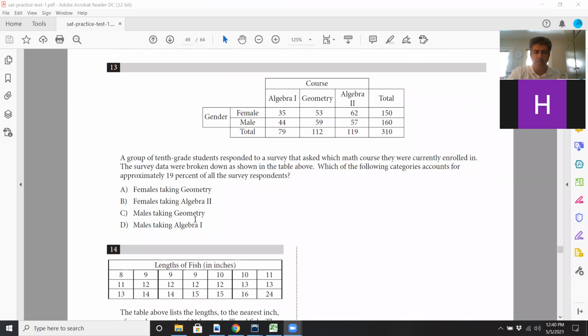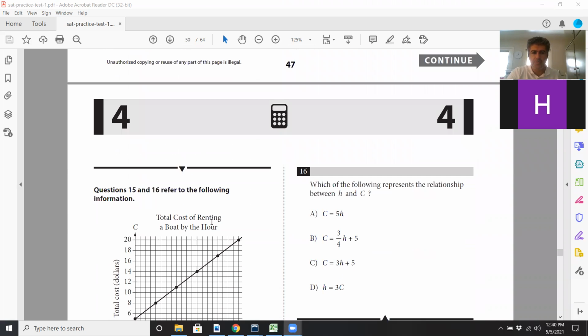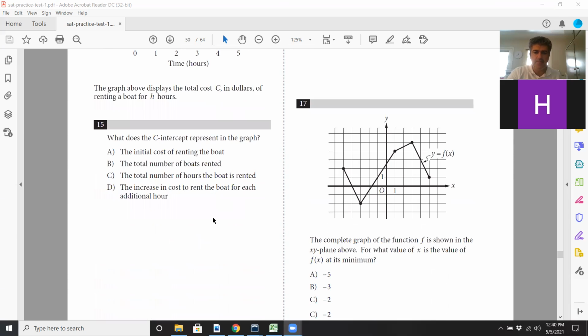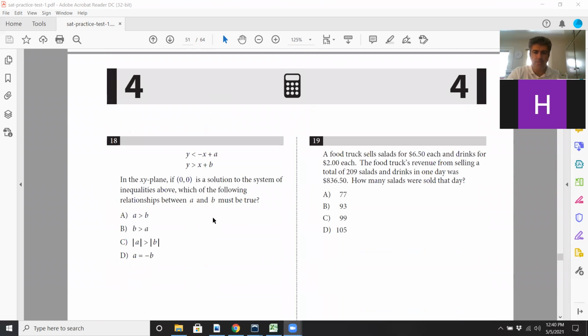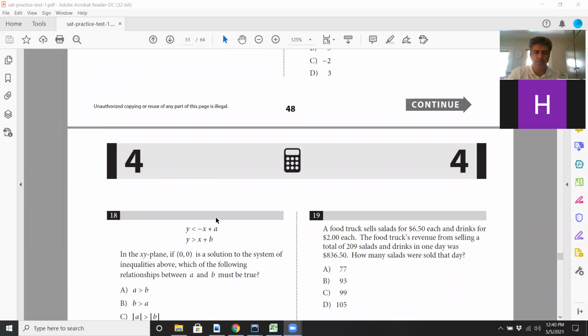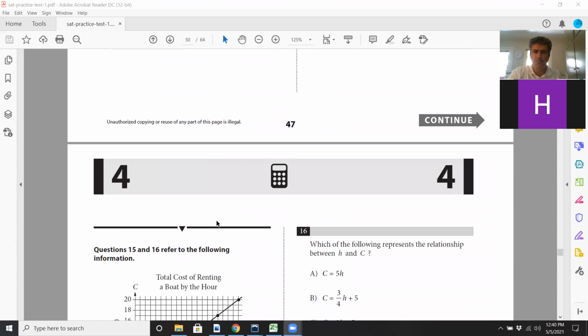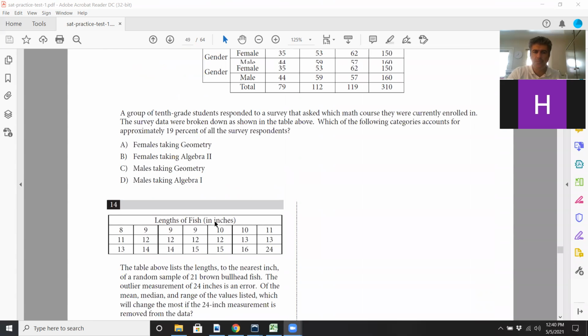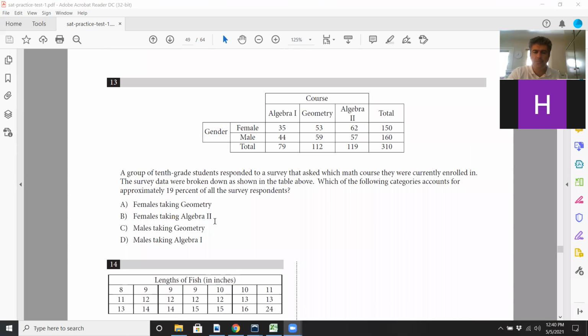Let's do another one that deals with tables, like 13 and 14. And then we'll start talking about some function problems as well. So 13, a group of 10th graders respond to a survey that asks which math course they're currently enrolled in.